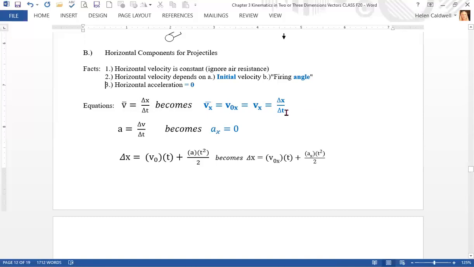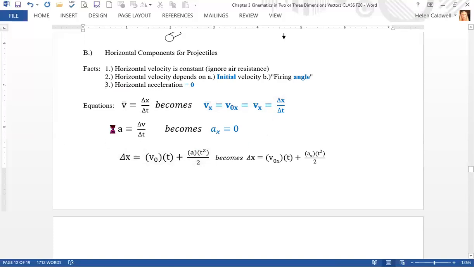So change in position over time is equal to the velocity in the x direction. And it doesn't matter if you're talking about the starting velocity, the ending velocity, or the average velocity, because we don't have an acceleration in the x direction. Your x acceleration is 0, and that's why all the velocities end up equaling delta x over delta t.